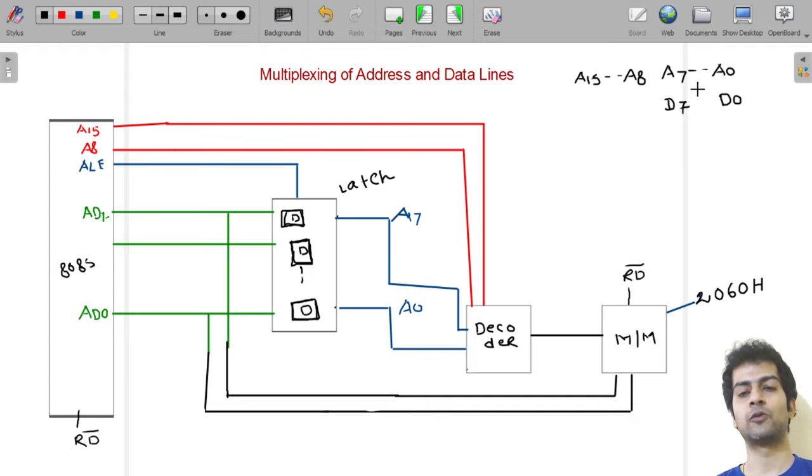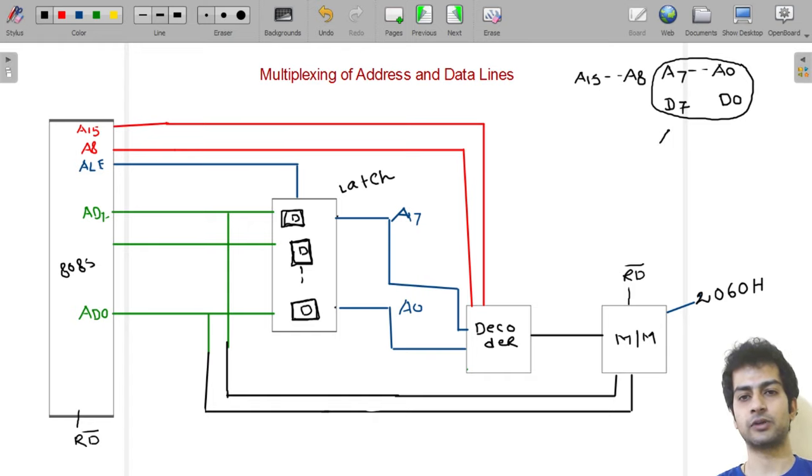Now what we will do is multiplex this lower order address line and make it work as a data line.